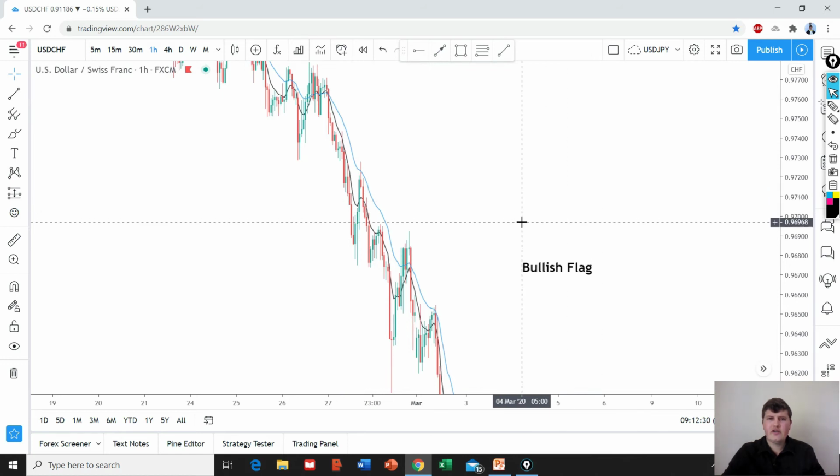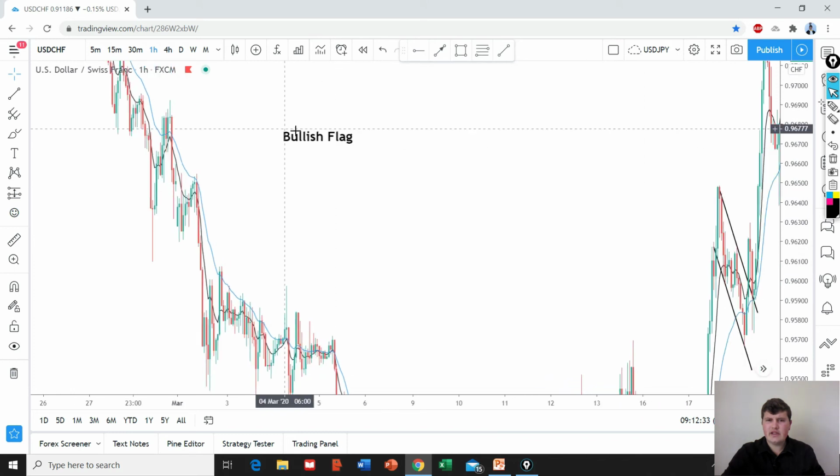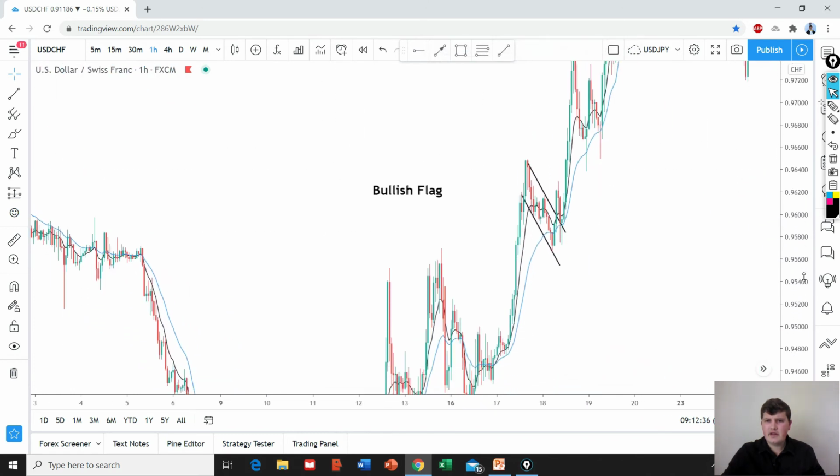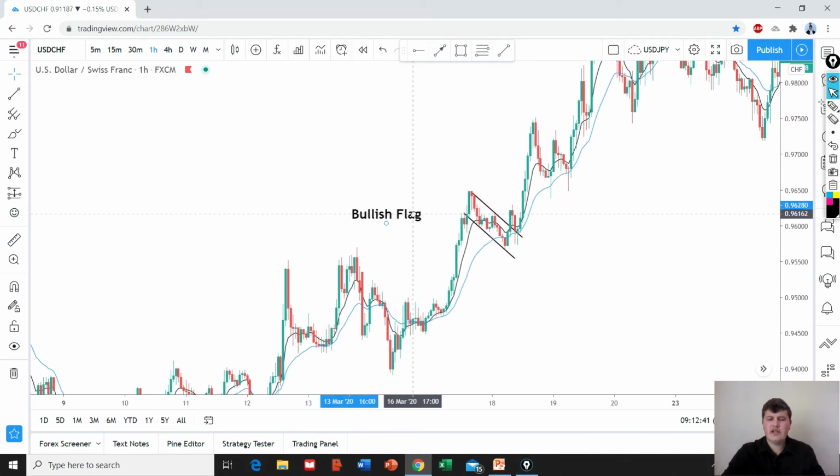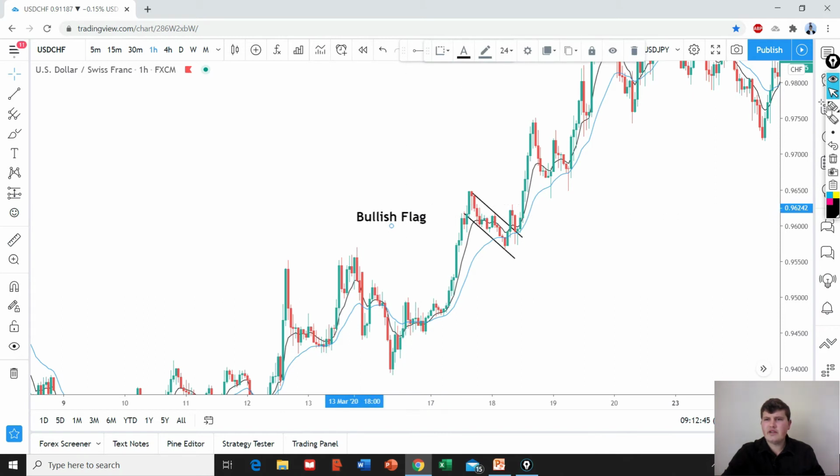So this is the fourth chart pattern that we are going to be looking at, the bullish flag. And like I said, how to trade a bullish flag. These flag patterns are usually trend continuation patterns, and the preceding trend is upwards. So this is the flagpole. Now price is consolidating over here in this bearish channel, but it's a bullish flag because price goes in the same direction as the preceding trend when it breaks out of this flag pattern.